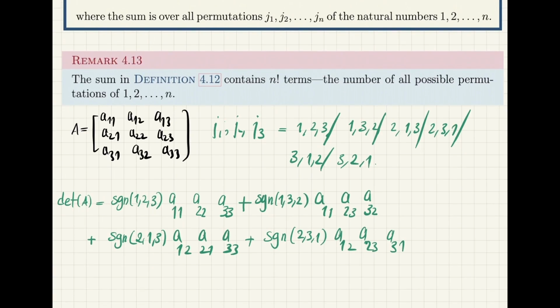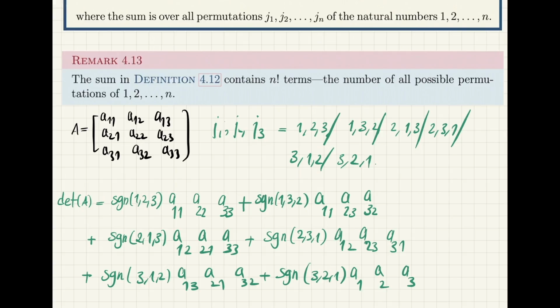And finally, I would write plus the sign of 3, 1, 2. I write three a's here, 1, 2, 3, but this time I put 3, 1, and 2 in the same order. Then I will get this one, 3, 2, 1. Again, I have three a's, 1, 2, 3 in order, but this time 3, 2, and 1.